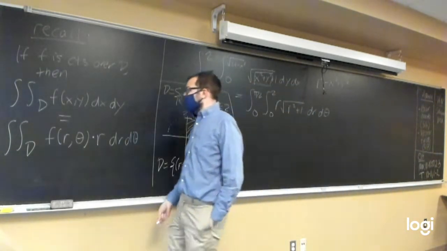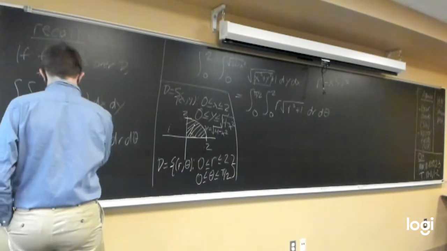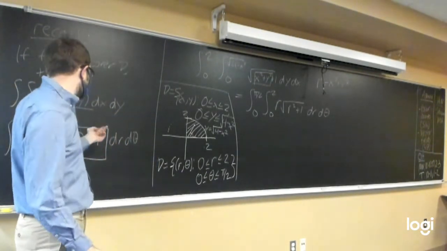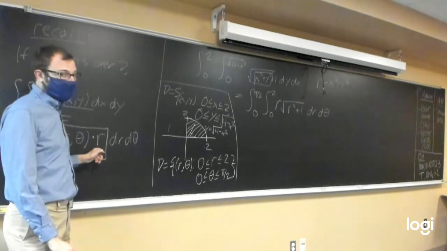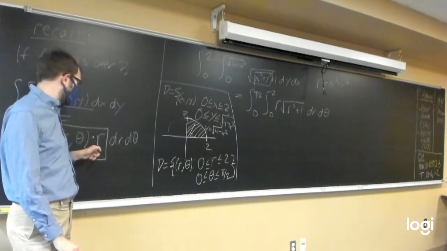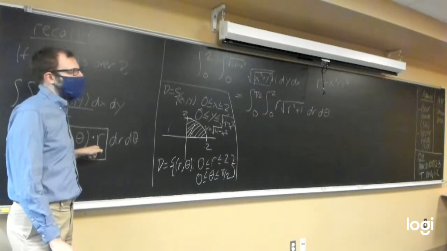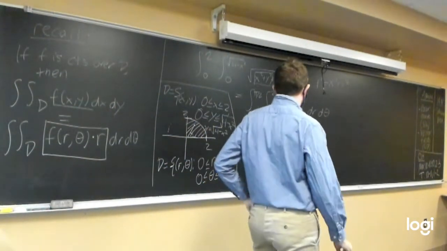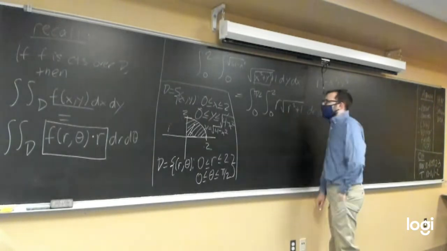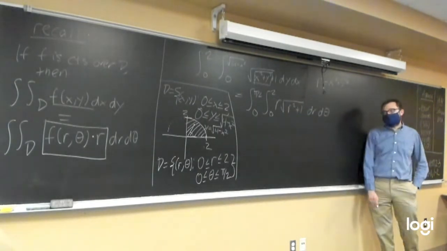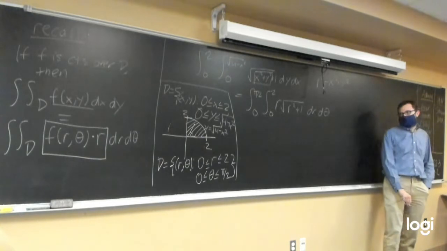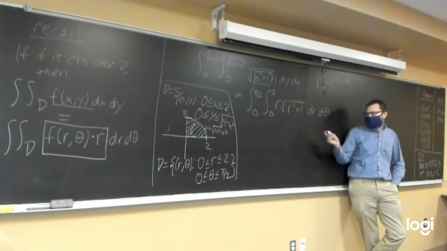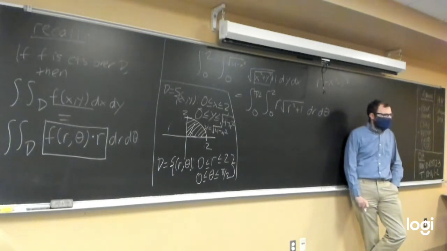Keeping in mind that when we switch from xy coordinates to r theta coordinates, we need to multiply by the Jacobian of the transformation, which, as we saw last Friday, means that we just need to multiply by a factor of r. So we end up having to integrate r times the square root of r squared plus 1. How can we integrate that with respect to r?